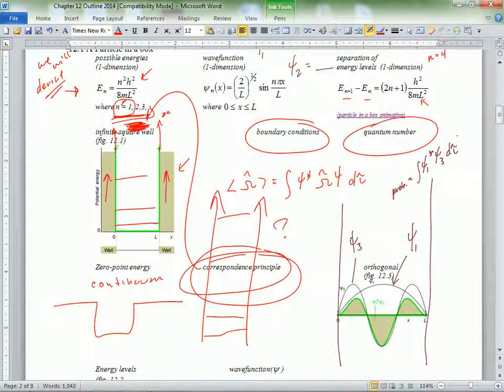If you multiply any two of these wave functions together, pick any two, they're always going to be orthogonal. In other words, you add up the areas, and it's going to be 0. If you multiply psi1 times psi3, you get the green one. Look at the area: positive area, positive area, and negative area down here. It exactly cancels out every single time. So they call these states orthogonal.